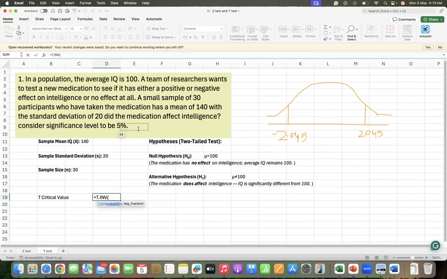So I can write the probability to be 0.975, 97.5%. And the degree of freedom, I remember, is n minus 1, so 30 minus 1 is 29. It is coming out to be 2.05. Okay.